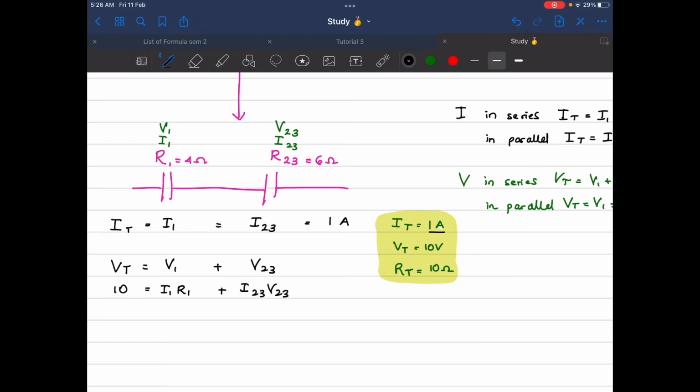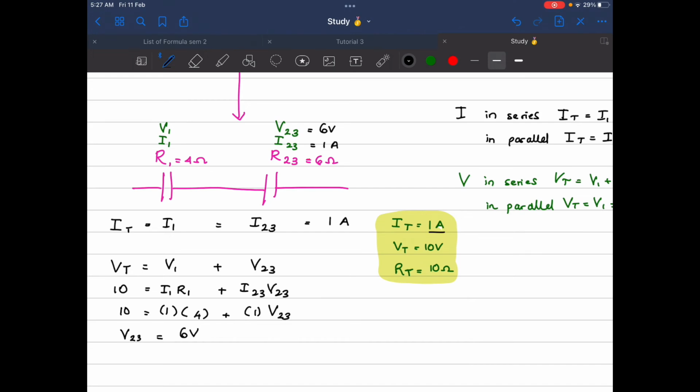So here we are almost getting what we want, because we want V2, but we got V23. That's okay. So this one you put 10 equals 1 times R1, which is 4, plus V23. And then I think you get your V23 to be 6 volt. So we have V23 equals 6 volt.